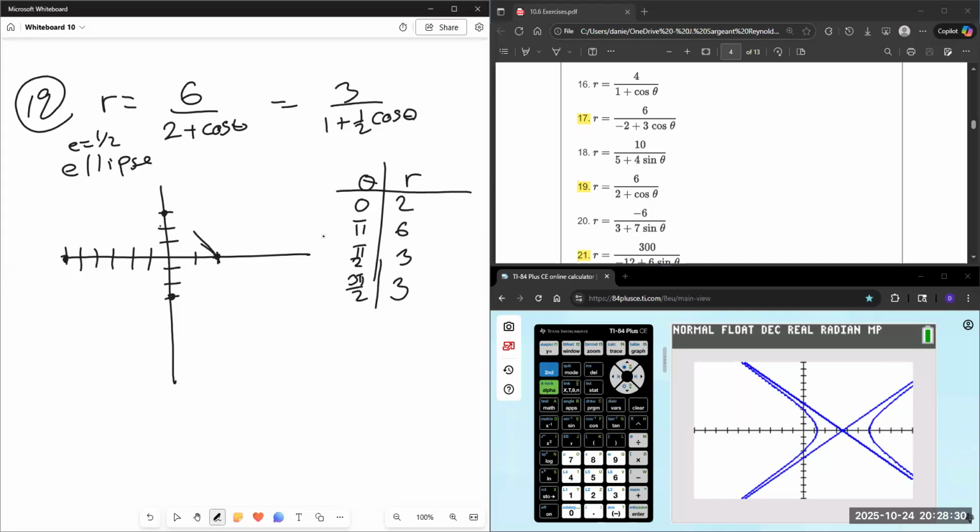And do my best here to draw this. And the center is 6 plus 2 is 4. So 1, 2, 3, 4. The center is here on this line.